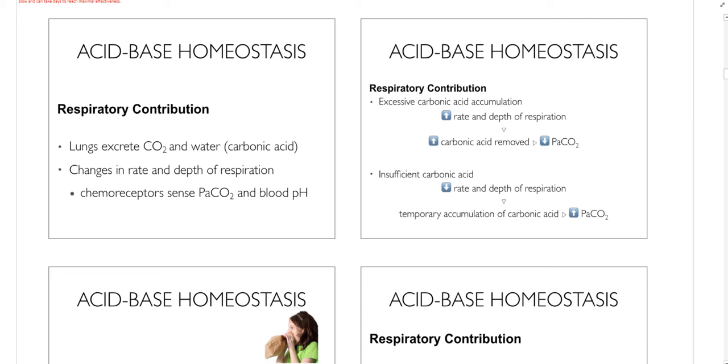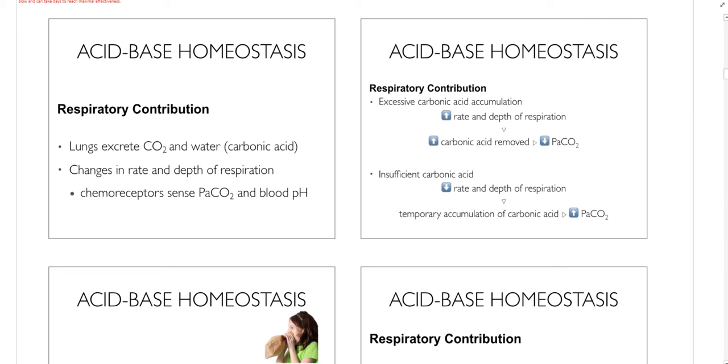The thing that controls that rate and depth of respiration are chemoreceptors, I think they're in the hypothalamus? I can't remember exactly where they are. Maybe in the carotid bodies. And they're going to detect both PaCO2, the partial pressure of CO2 in the blood, as well as the pH of the blood.